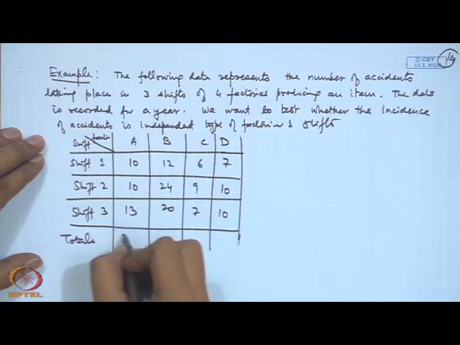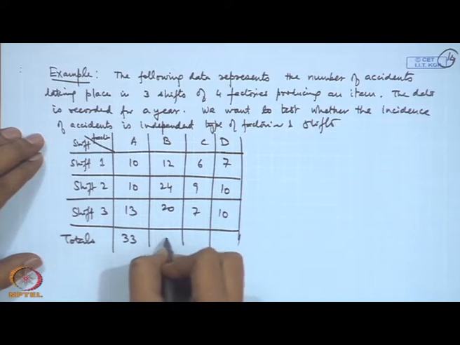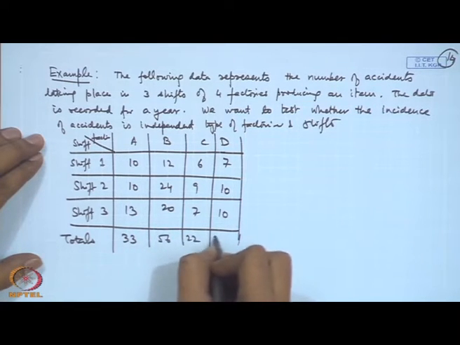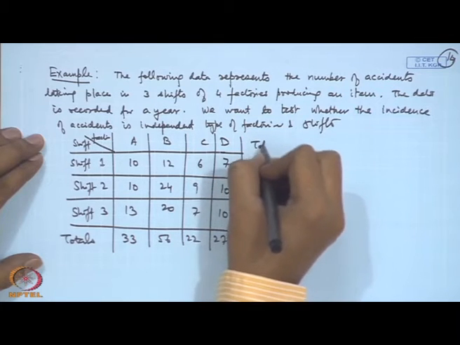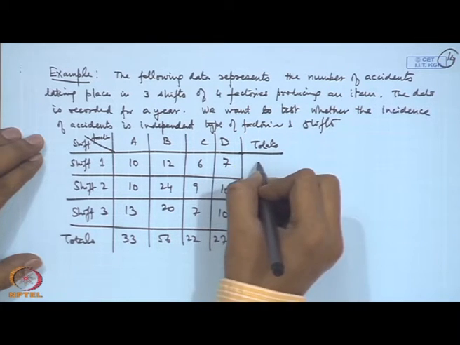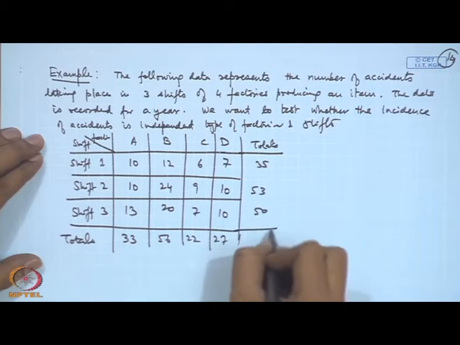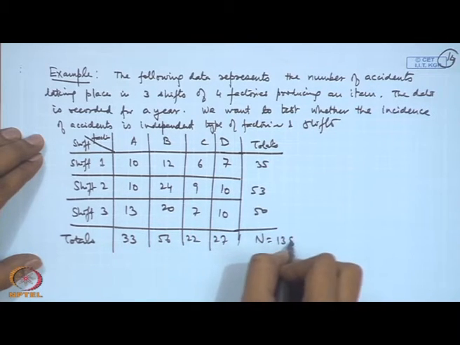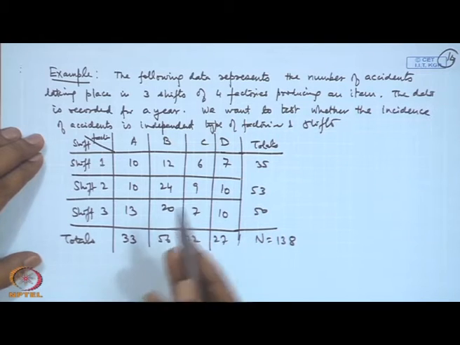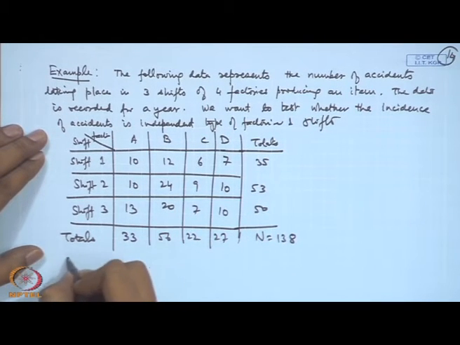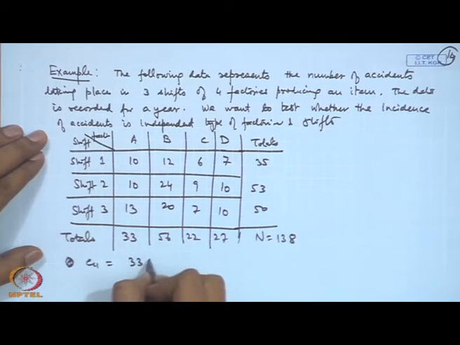If we consider the totals, this is 33, this is 56, 22 and 27, and on this side the row totals are 35, 53, 50, and the total n is equal to 138. So, for example, E11 will be 33 into 35 by 138.